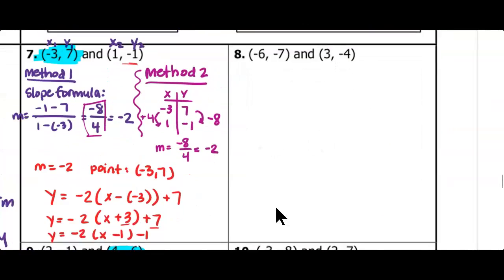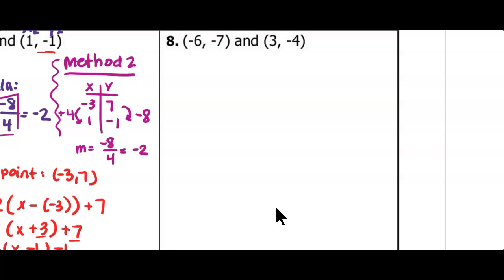So looking at number 8, again, we only have 2 points, so we are going to find the slope. So using method 2 again, I'm going to have -6, -7, and then 3, -4. So my change from -7 to -4 is that I am adding 3.